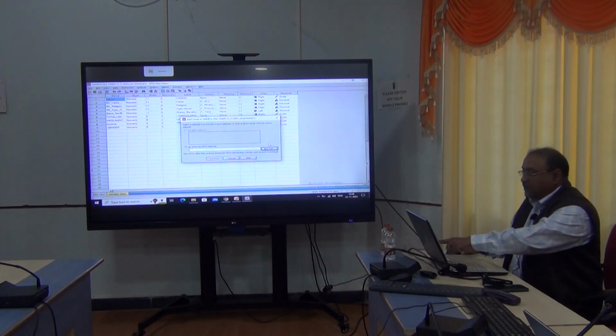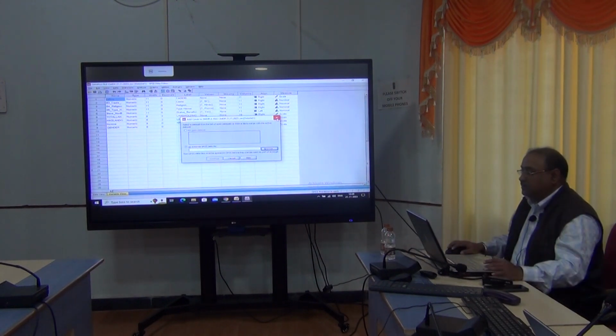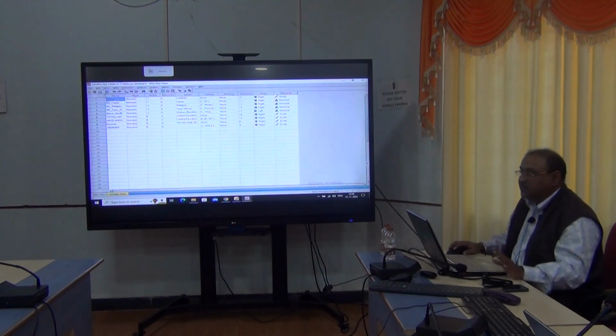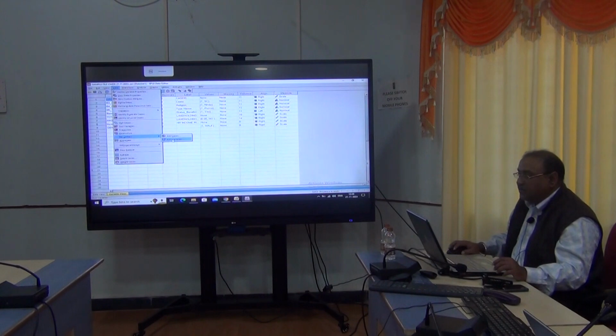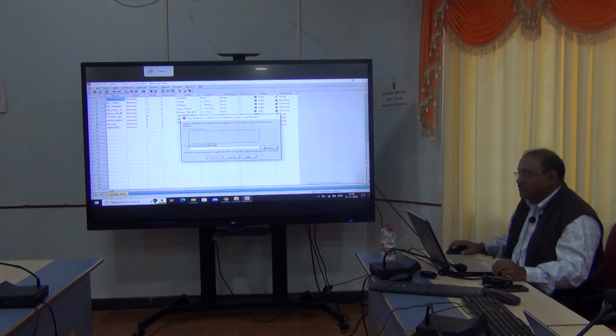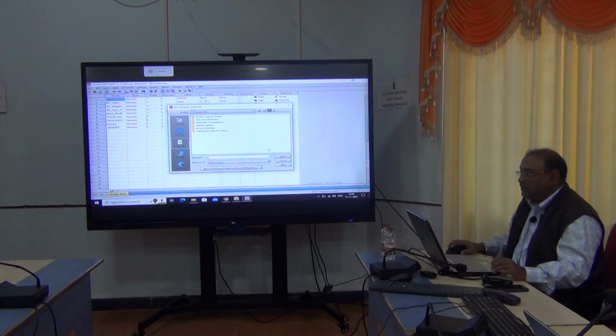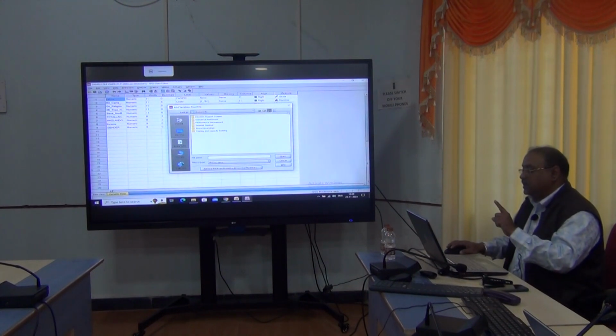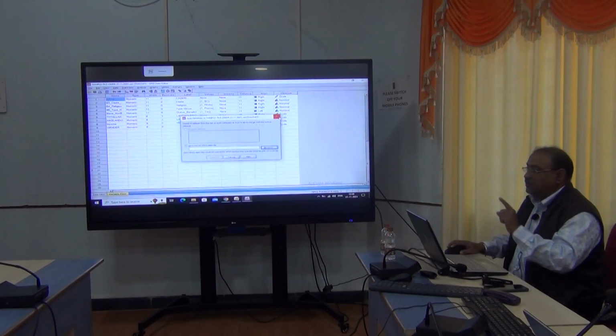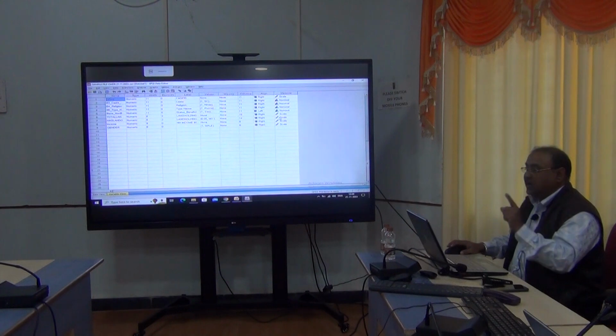Okay, so here, because we are dealing with one file, it may not be convincing for many of you, but when you go to Add Variables, there also first you select the file, and you have to identify the ID number.